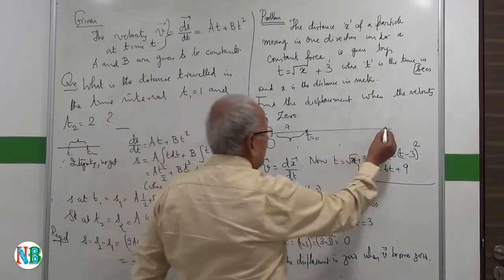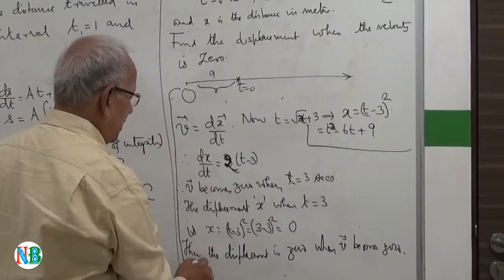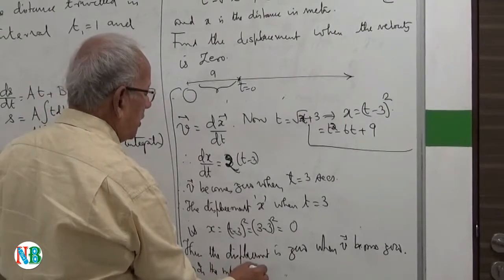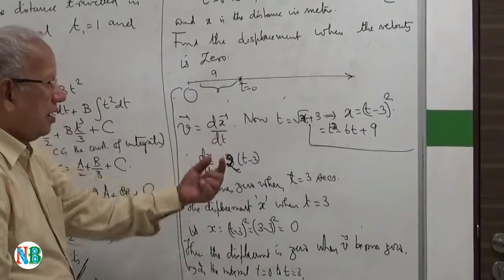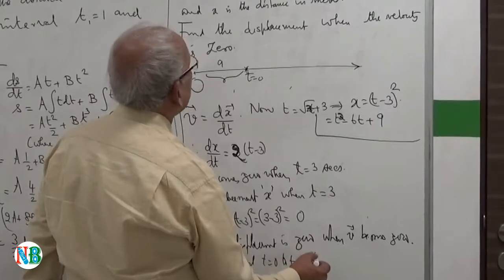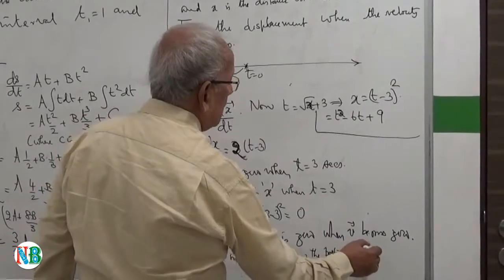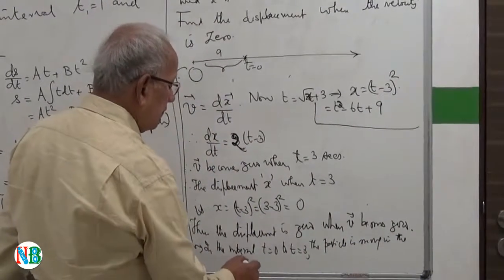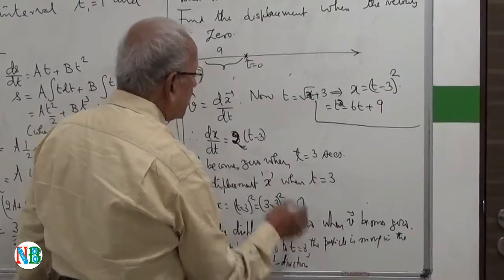So what is happening is that in the interval t equal to 0 to t equal to 3, the velocity is negative and the particle is moving in the negative x direction. That is this direction, right?